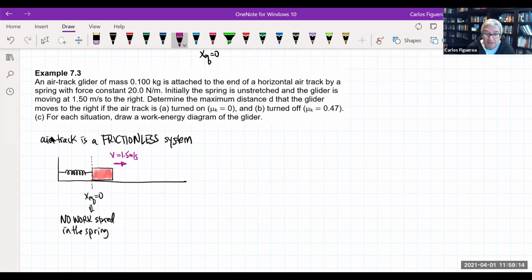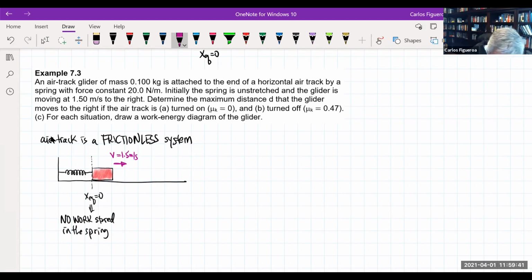Okay, let's keep reading here. I've got the glider, I have a mass, and there's a spring constant, which we'll talk about in a minute. Initially the spring is unstretched and the glider is moving to the right. Okay, so here we go: determine the maximum distance d that the glider moves to the right if the air track is on.